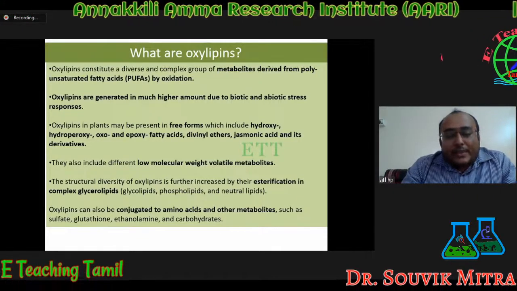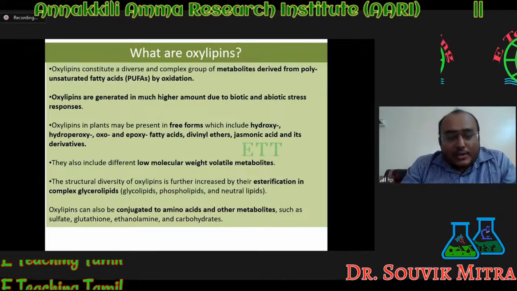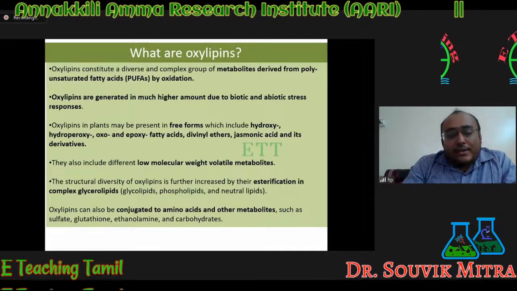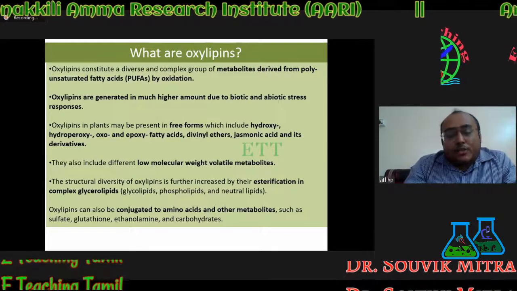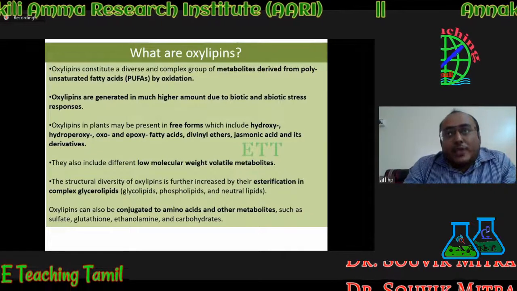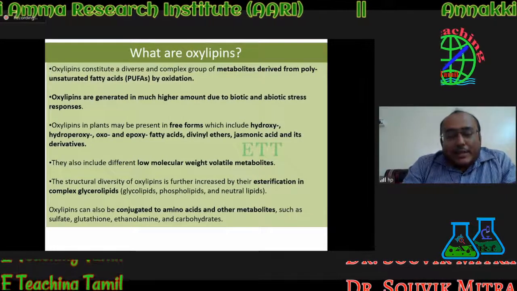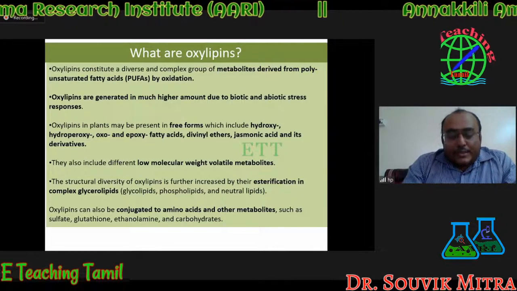So the total composition of oxylipins is actually huge, and oxylipins can also be conjugated to amino acids or other metabolites, so there can be conjugated oxylipins.